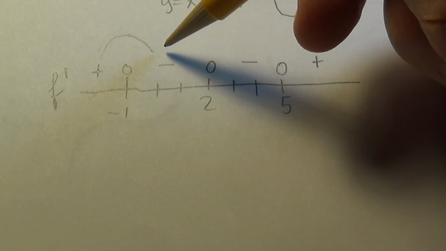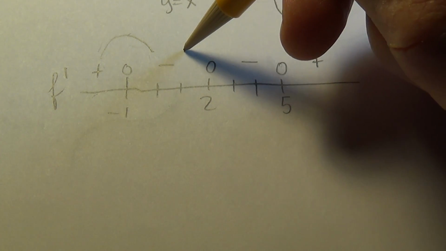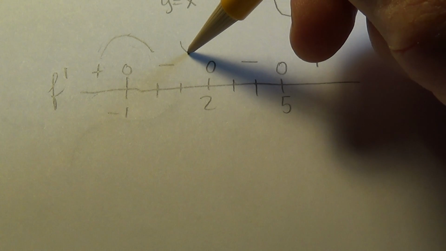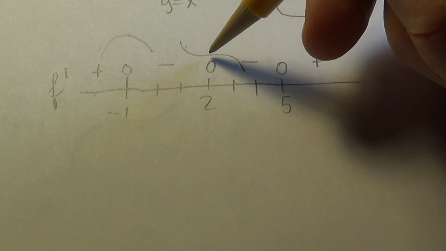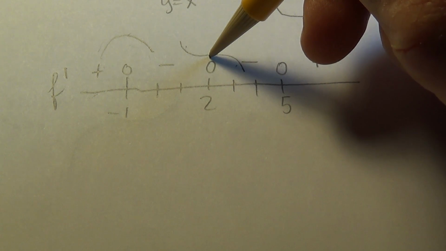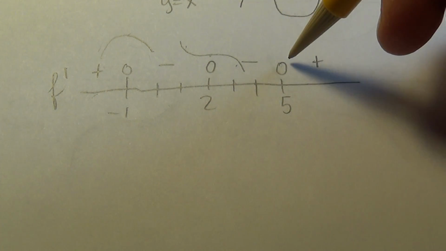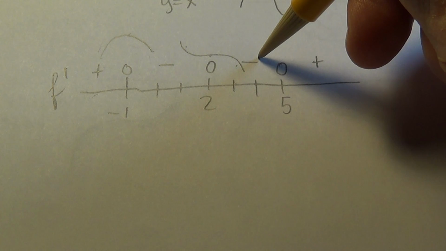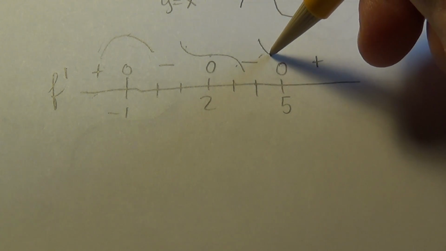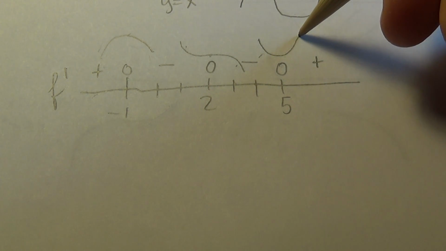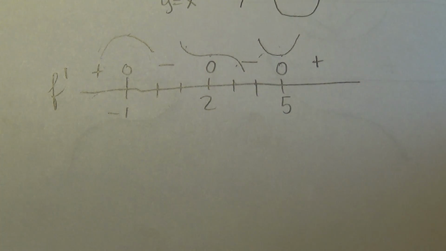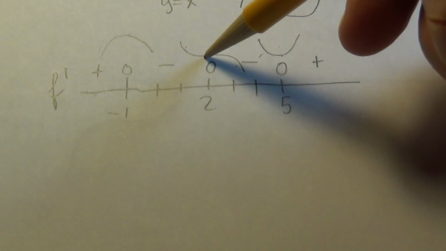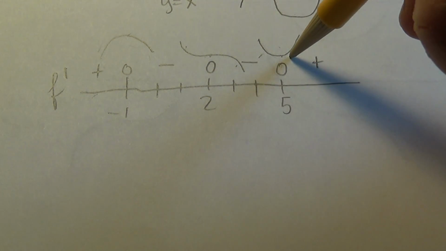But then around this point we have a negative slope, then 0, and then another negative slope. So here we have what I call a downhill rest. And around this point we have a negative slope, and then a 0 and a positive slope. So around this point we're going to have a local minimum: max, downhill rest, and minimum.